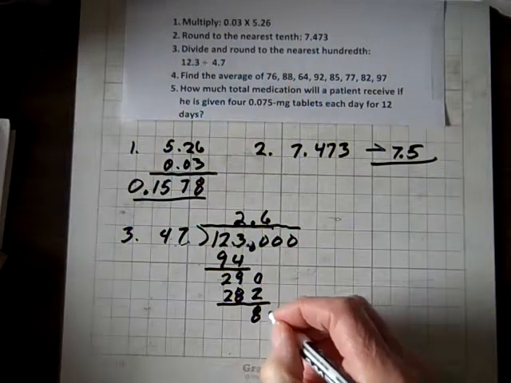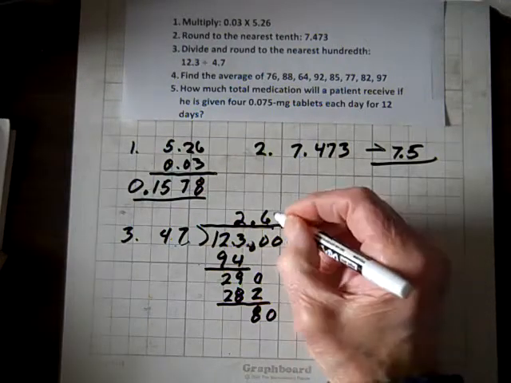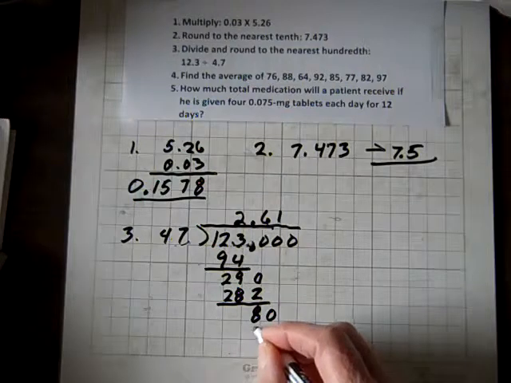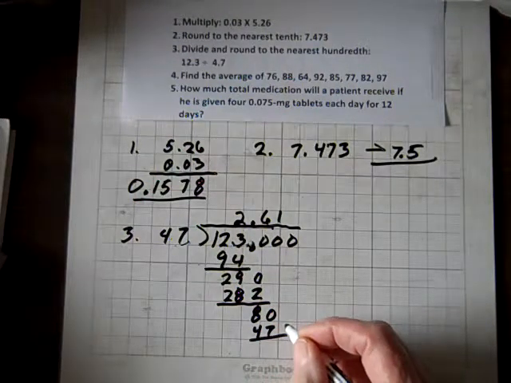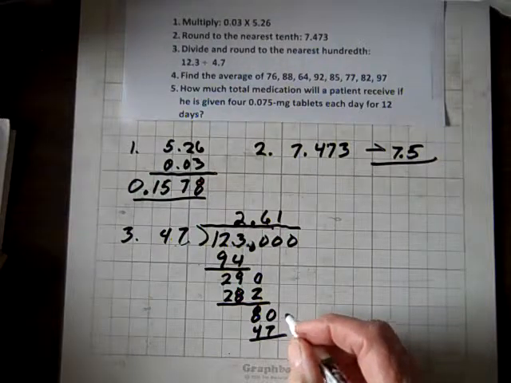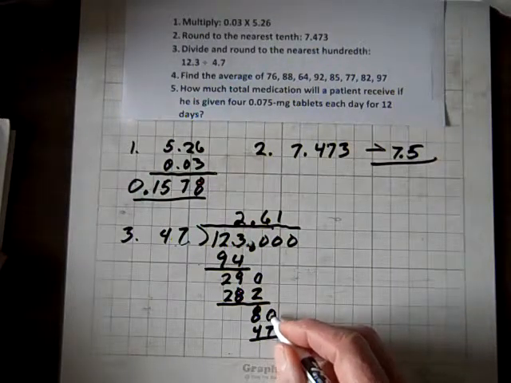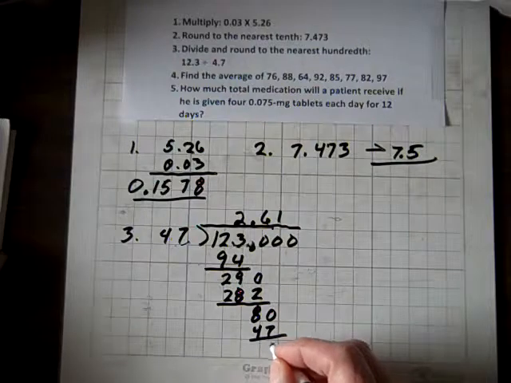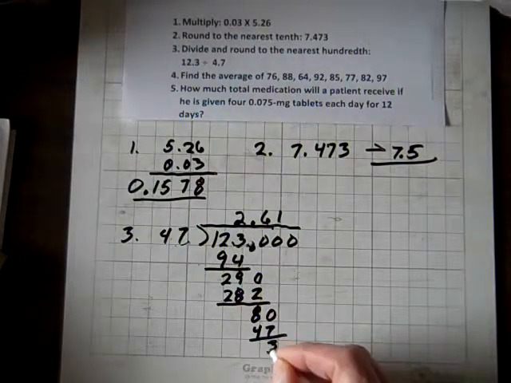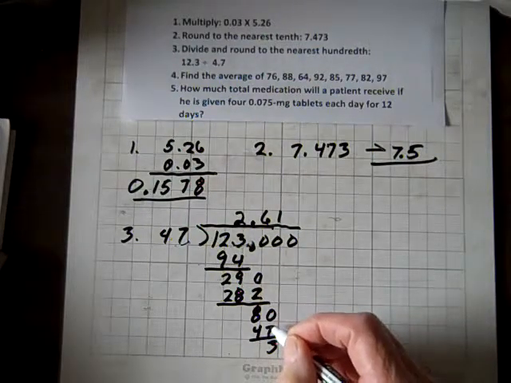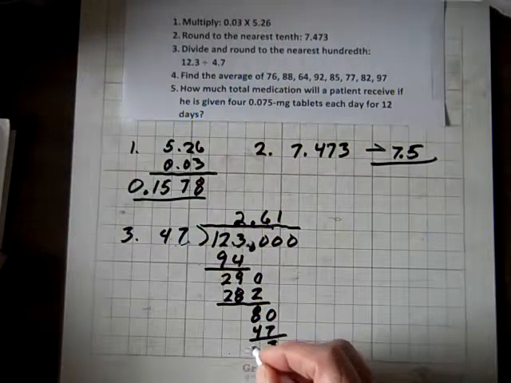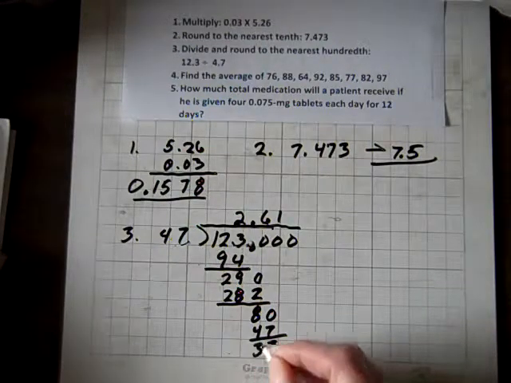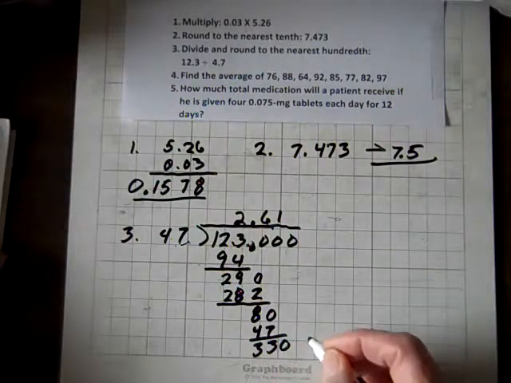And now we'll bring down a 0, and we'll multiply by 1, and we get a 47 here. 47, 7 and what is 10? Well, that's going to be 73, because we borrowed 1 from the 8, and 4 and what is 7, and that's a 3, and we'll bring down a 0.